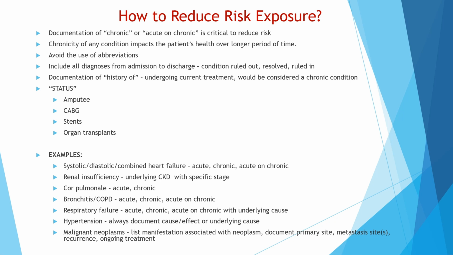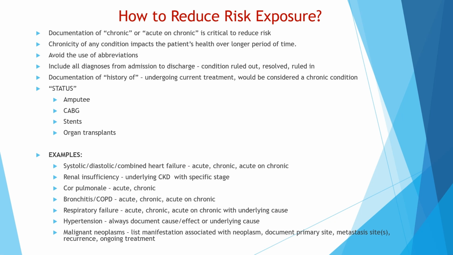Examples: systolic, diastolic, combined heart failure, acute, chronic, acute on chronic. Renal insufficiency, underlying CKD with specific stage. Cor pulmonale, acute, chronic. Bronchitis and/or COPD, acute, chronic, acute on chronic.